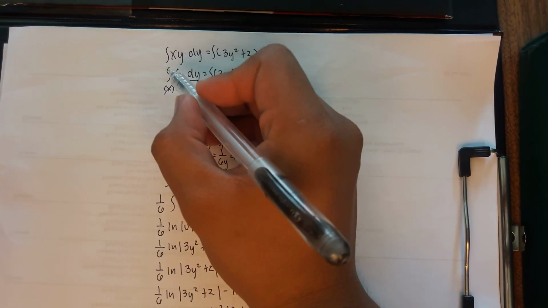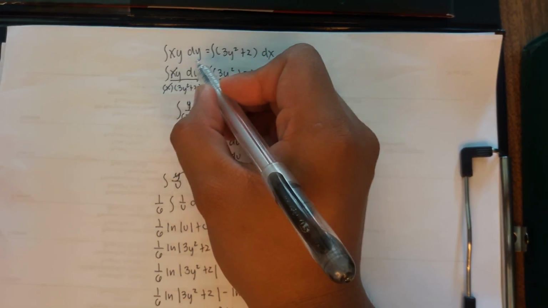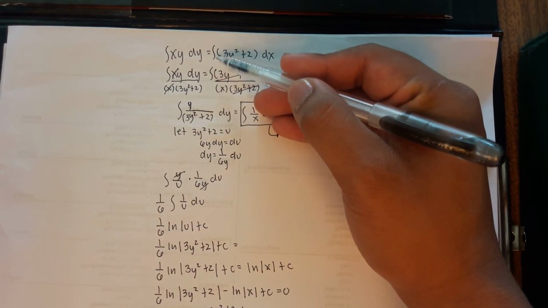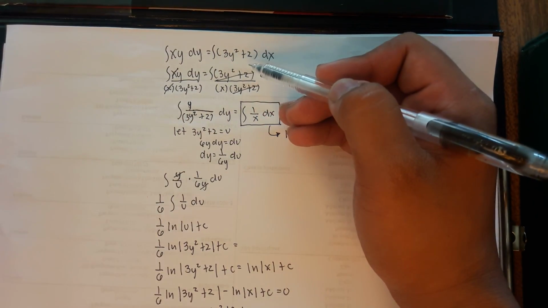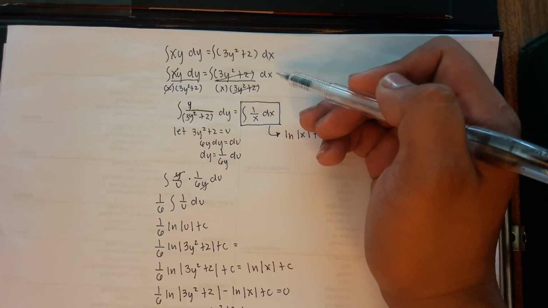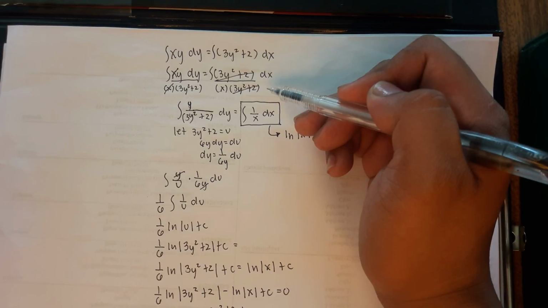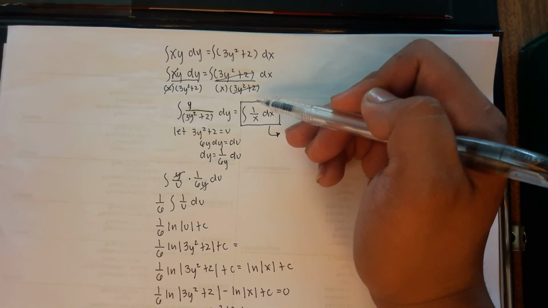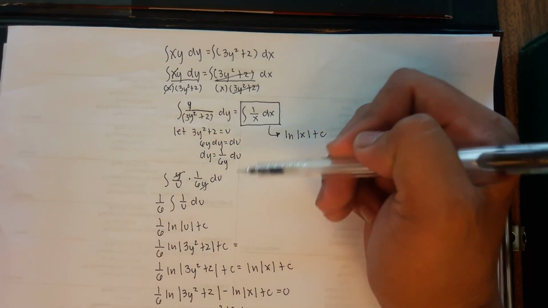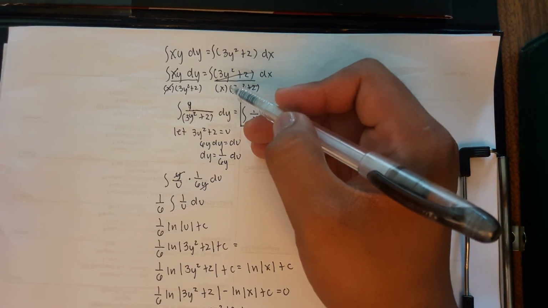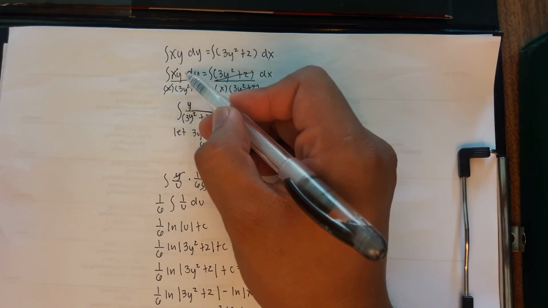Our original equation is the antiderivative of xy dy is equal to the antiderivative of 3y squared plus 2 dx. We need to combine all the terms with the same variable so that we can proceed in getting its antiderivative. So, let's do it.